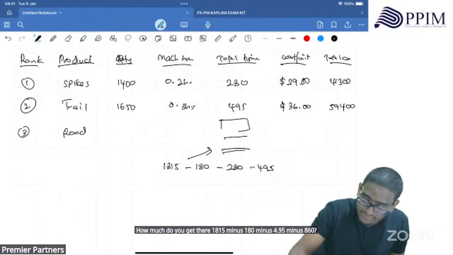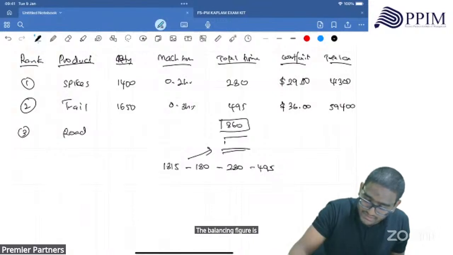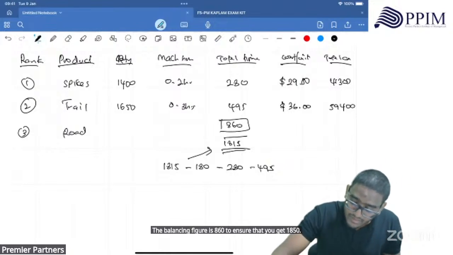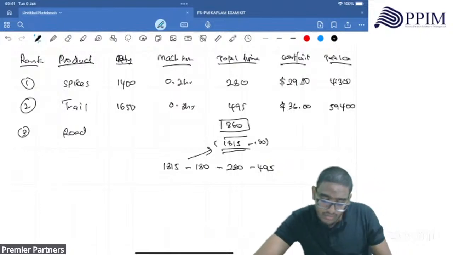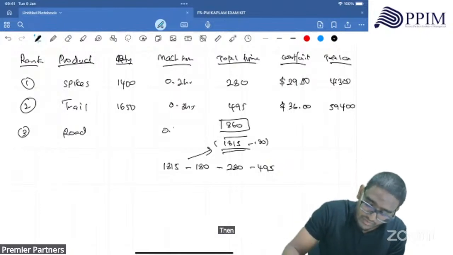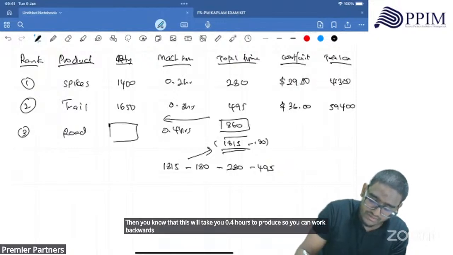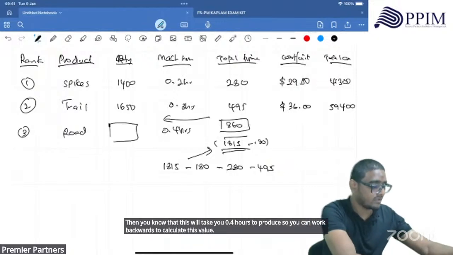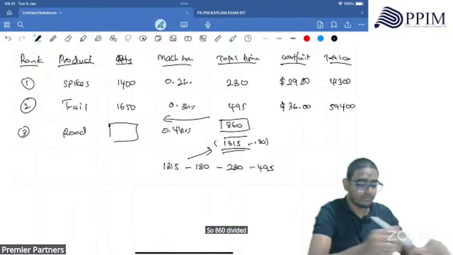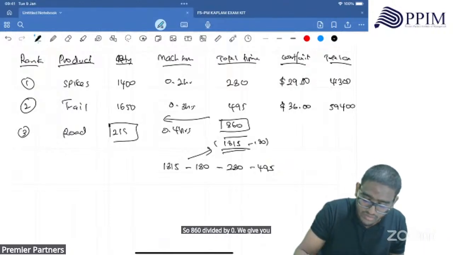So the balancing figure is 860 hours. Since road takes 0.4 hours to produce, we work backwards: 860 divided by 0.4 will give you 2,150 road shoes.